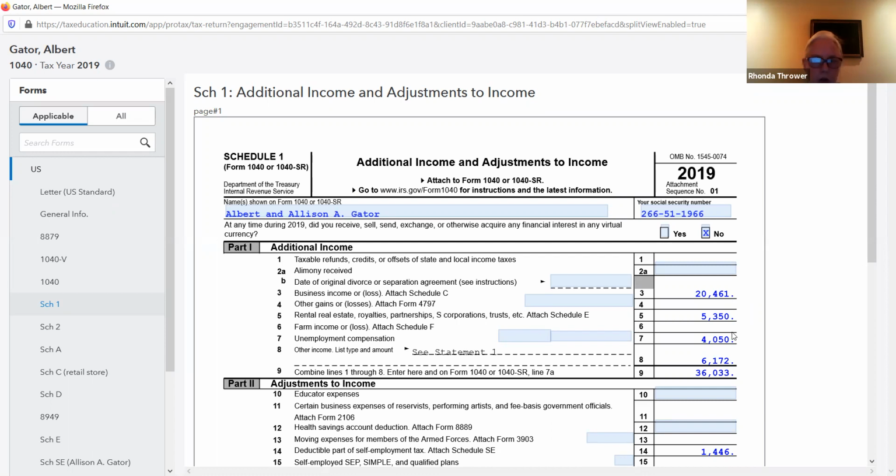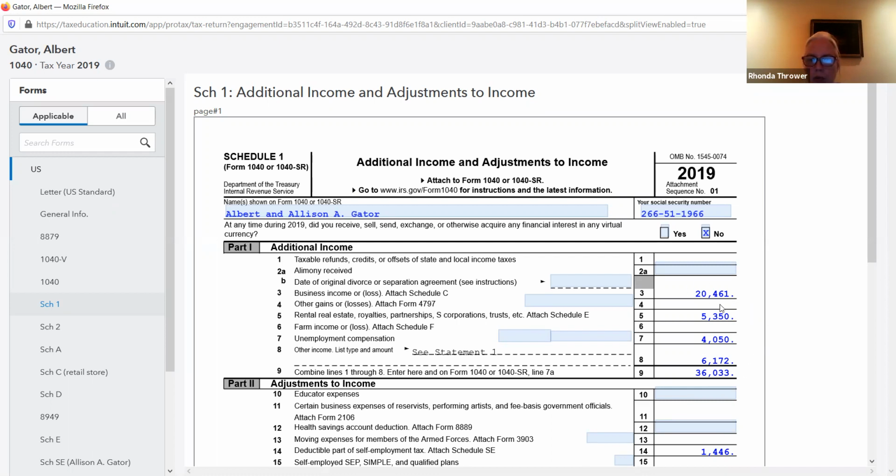And then the rental real estate stayed the same as it has in the past. And the farm income, or excuse me, line 7 is staying the same too. So it would change line 9, but the rest of these stayed the same.